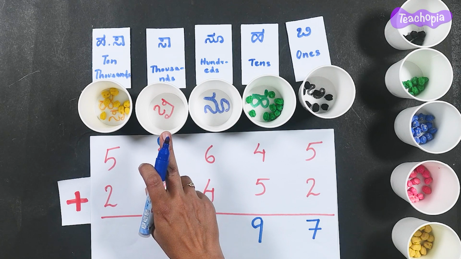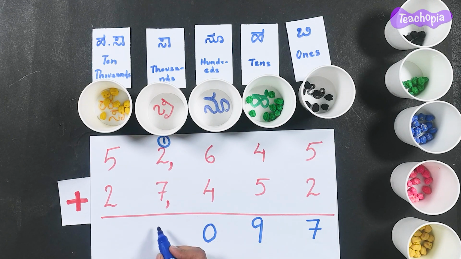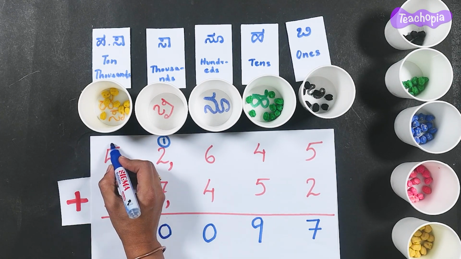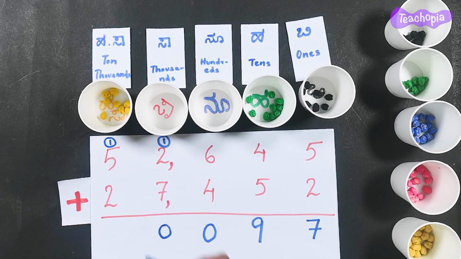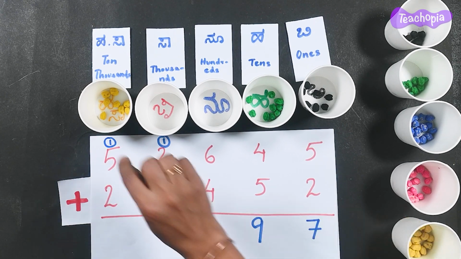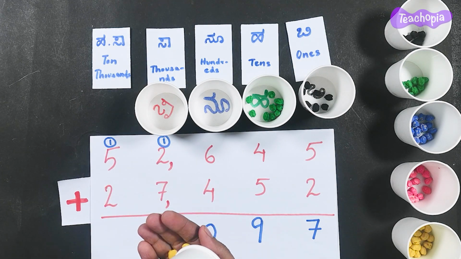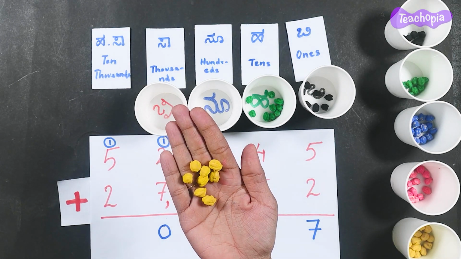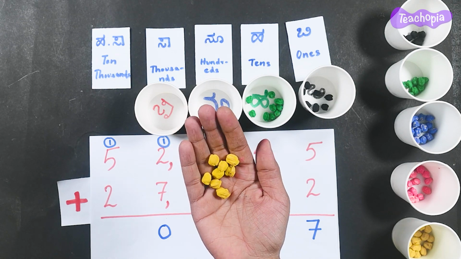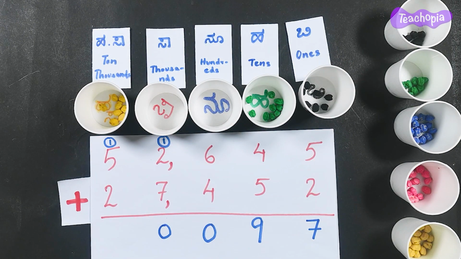In the thousands place, we have 0 grains, so we write 0 in the thousands place of the sum. We write 1 in the 10,000s place as a carryover. Let us see the number of grains in the cup at the 10,000s place. The number of yellow colored grains is 8.